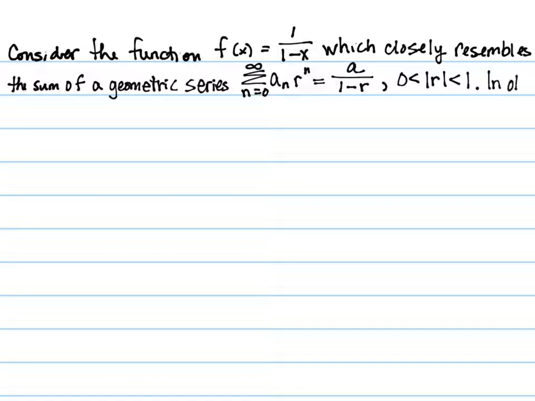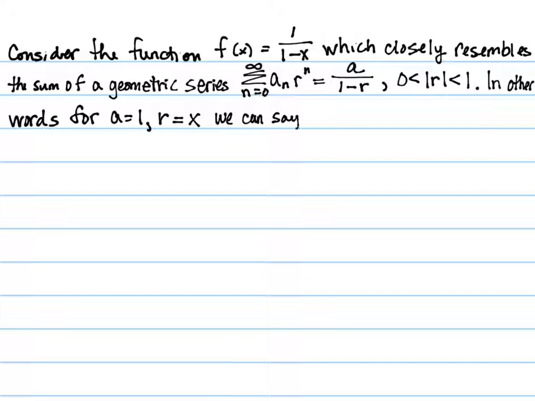So in other words, for a equal to 1 and r equal to x, we can rewrite one over 1 minus x as the summation from n equals 0 to infinity of a times r to the n.